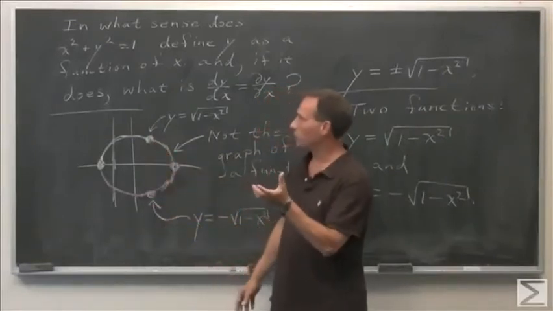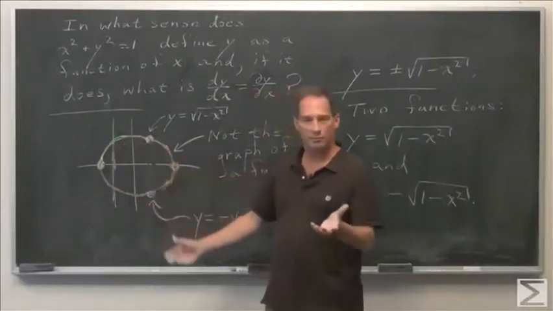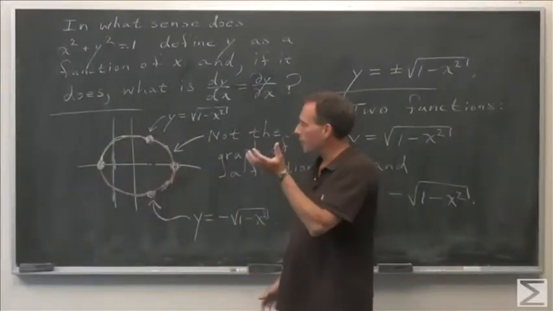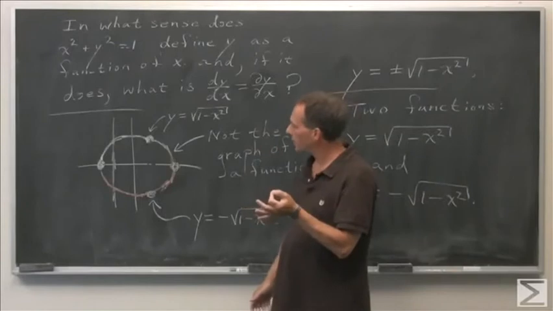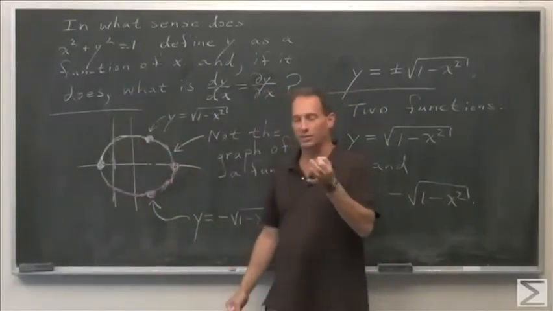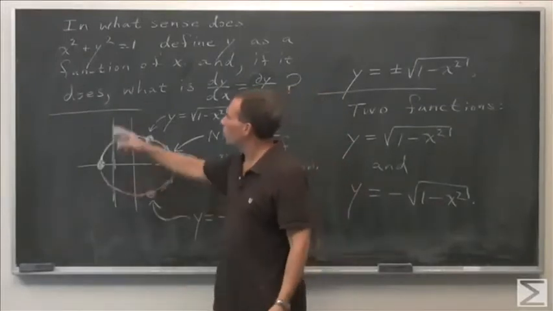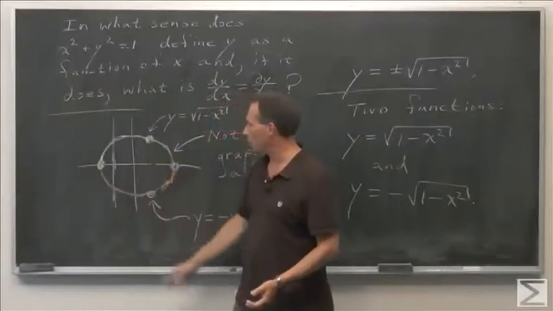We don't expect to have a global solution because maybe the graph doesn't pass a vertical line test. But if we're near a point, can we say that, yes, the given equation, at least in theory, so that there exists a function so that y is that function of x near a point?